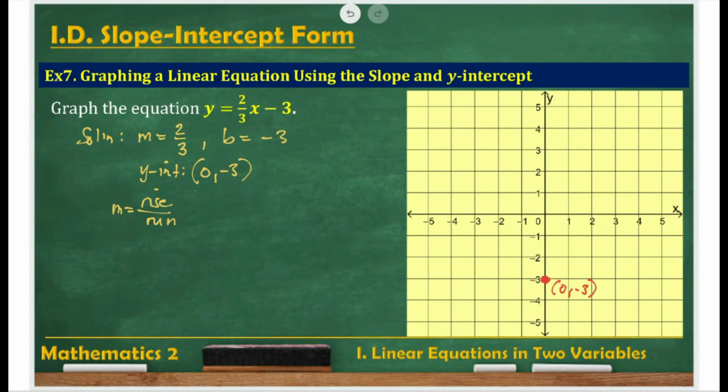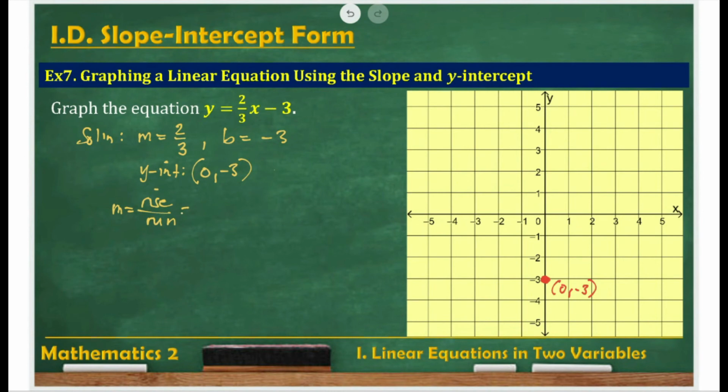If the slope is positive, so here the slope is positive 2/3, then the rise and run need to either be both positive, so we move up and to the right, or if both are negative, we move down or to the left.